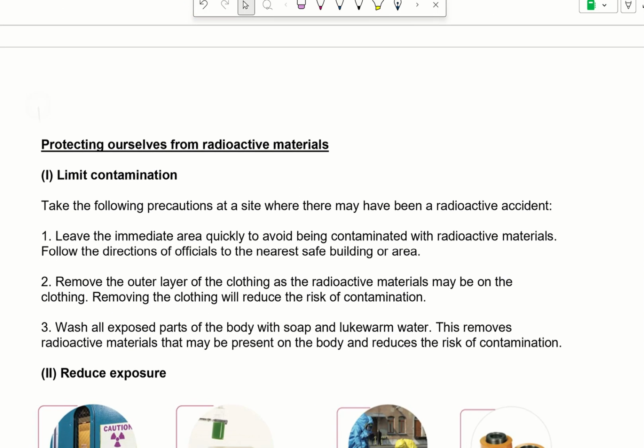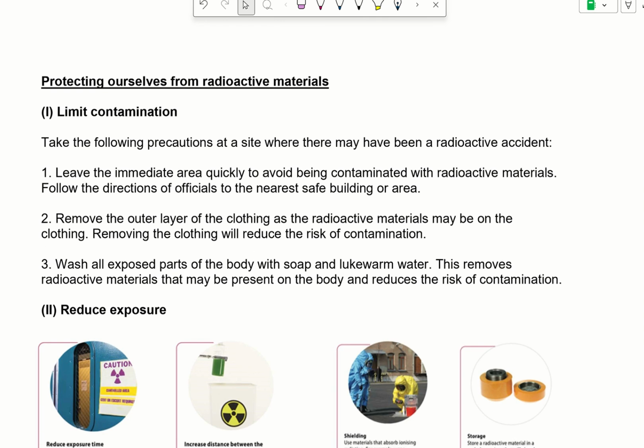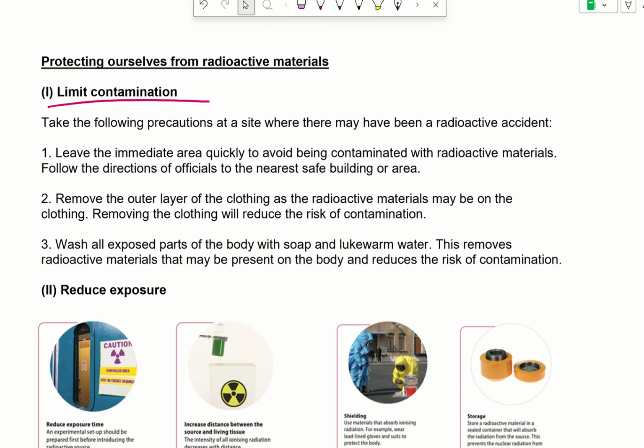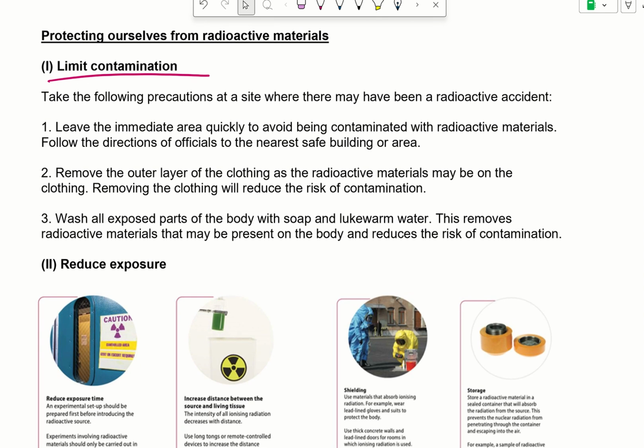So how do we protect ourselves from radioactive materials? Well, we limit the contamination. Common sense: if something happened, you leave the immediate area quickly. The most recent thing that happened was Fukushima. Their nuclear plant had a meltdown, right?